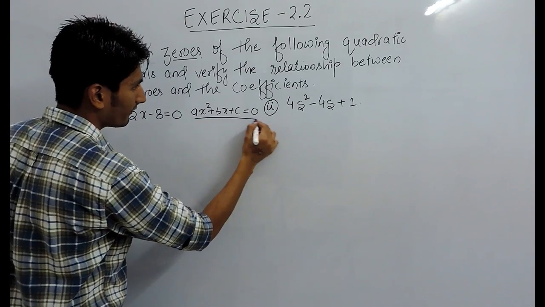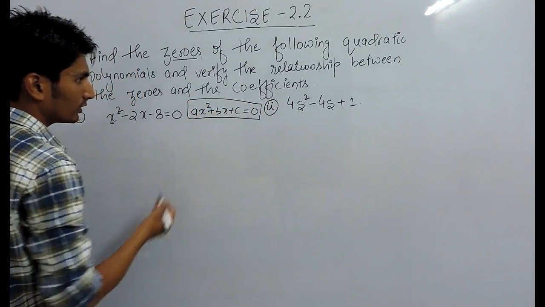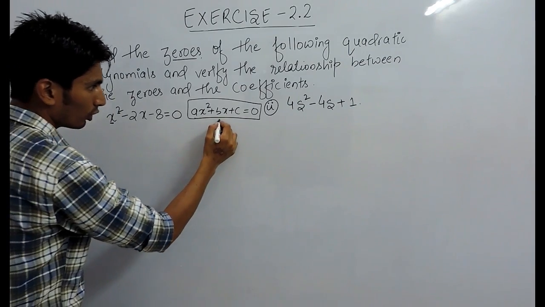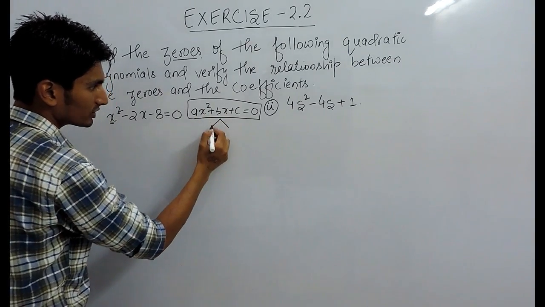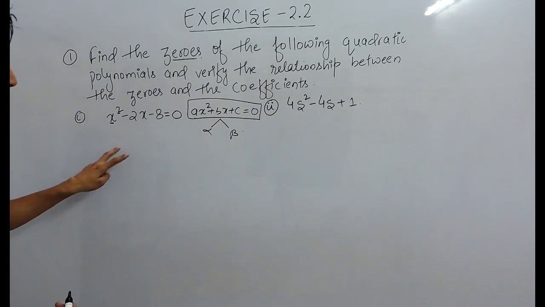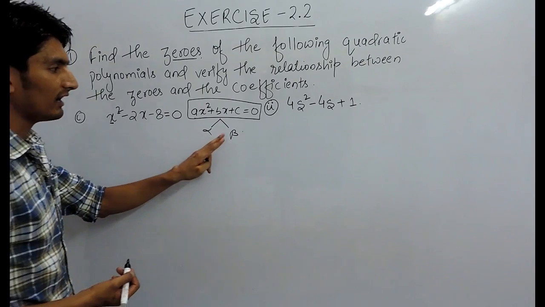The standard form of any quadratic polynomial is this. Because the power is 2, the roots, or you can say the zeros of this quadratic equation, can be alpha and beta.